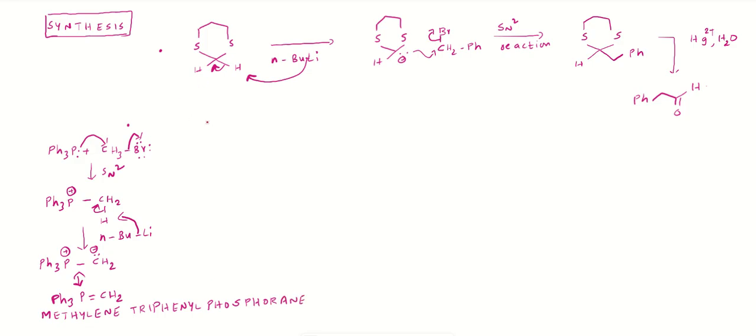Now in the next step, let us start with PhCH2C=OH, plus we have Ph3P=CH2. This is a Wittig reaction.